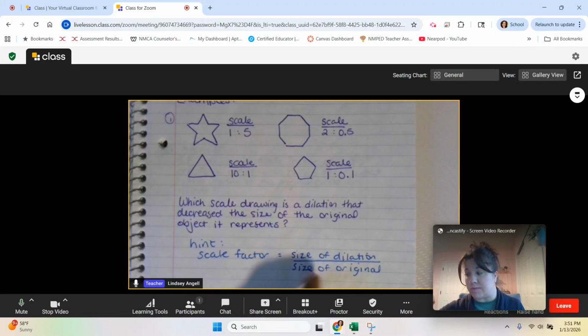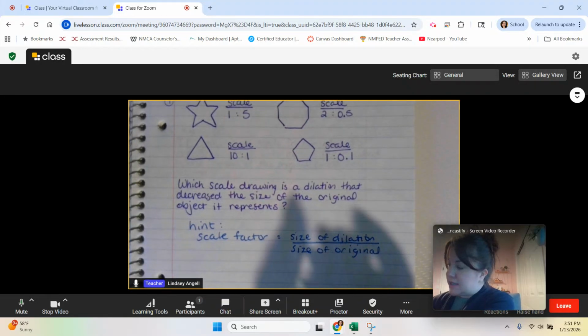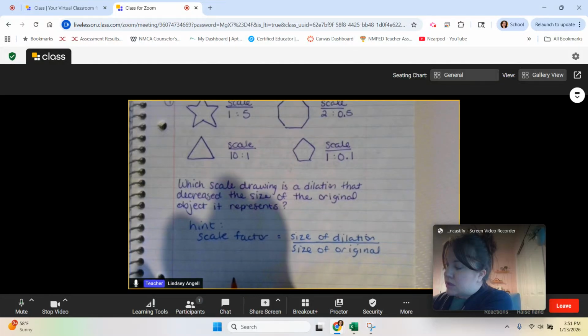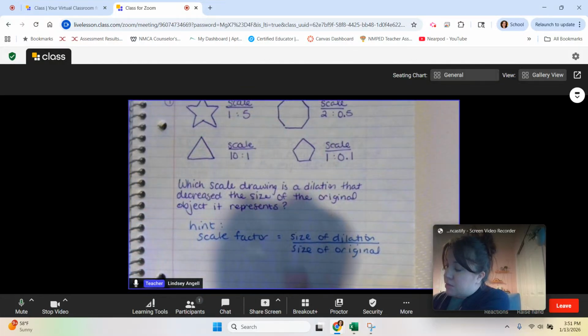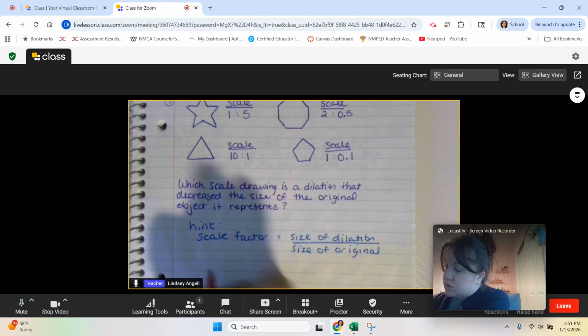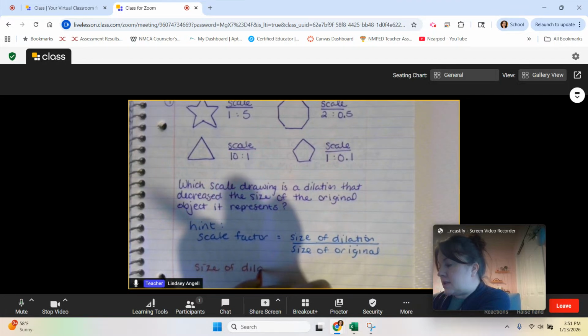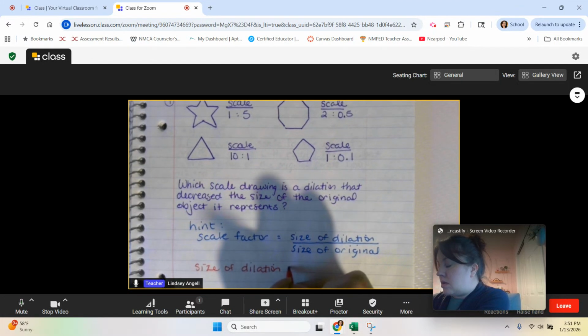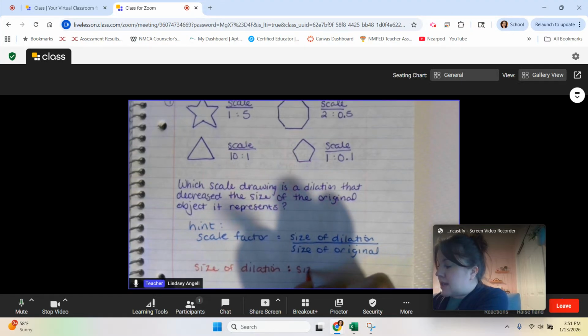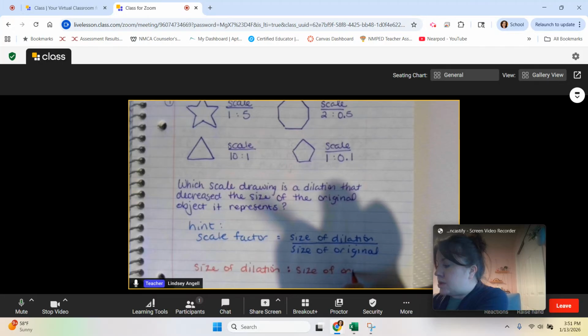Maybe I should have written it using the colon, like the ones in number 1 show. So we could say size of dilation and then size of original object.